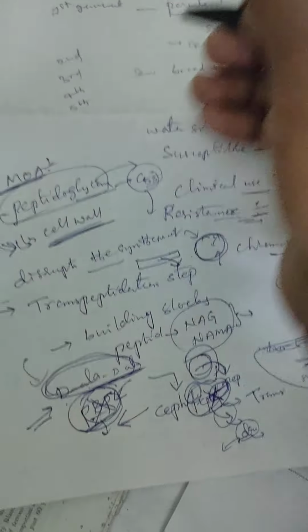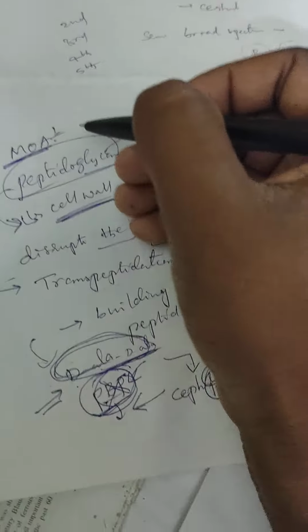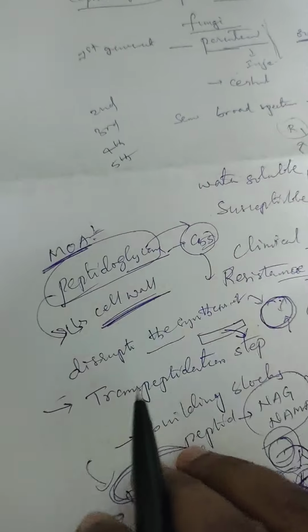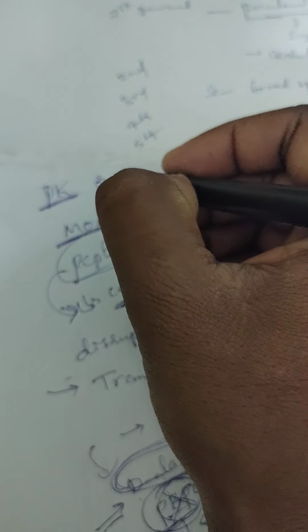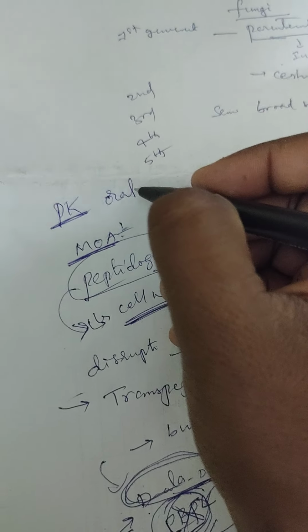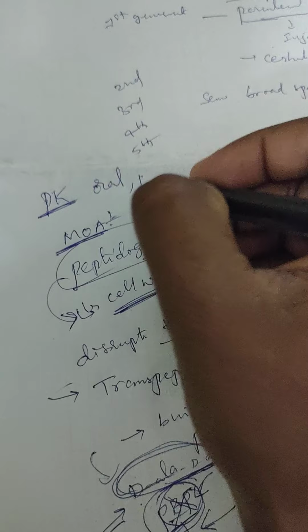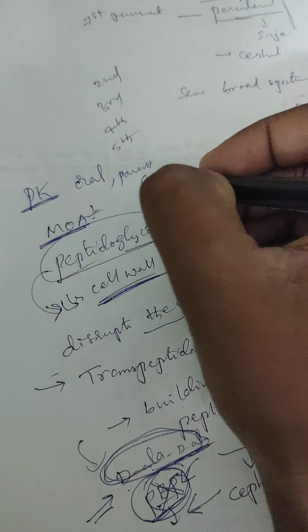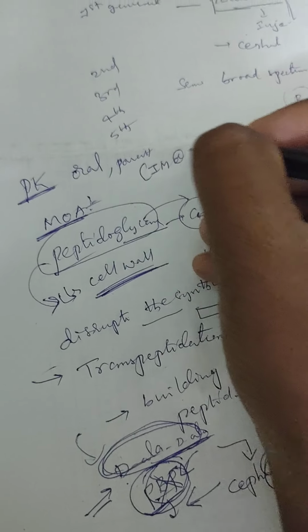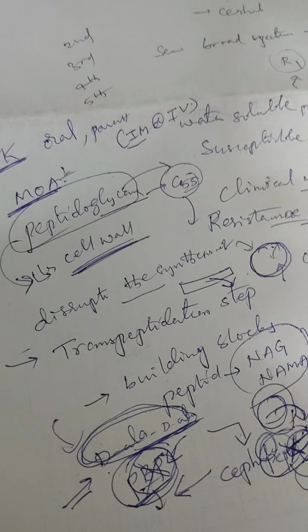Okay, so pharmacokinetic parameters. As you had written in the classification, parenteral and oral routes. Some cephalosporins are given by oral route, but most of the cephalosporins are given by parenteral route. Parenteral route means mainly intramuscular or intravenous injection, IM or IV injection.